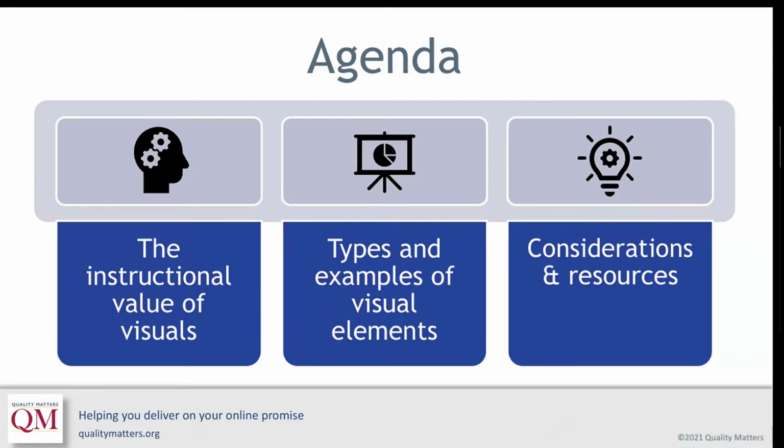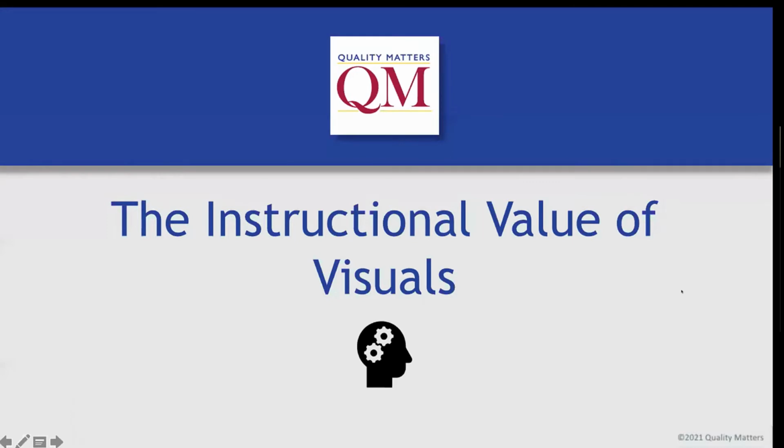So we're going to talk about that, the pedagogy behind this, and then types and examples of visual elements. And I kind of catered this specifically to visual elements that you might use when creating online lectures, for example. And then finally, some considerations and resources, including accessibility, because I know we had a question about that in the chat. So first, let's talk about that instructional value portion.